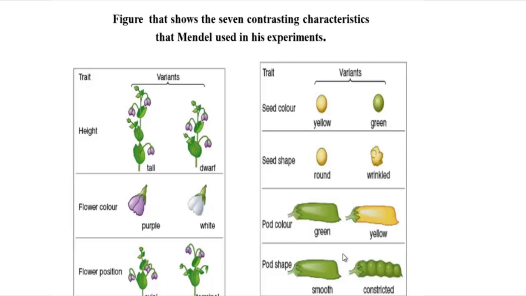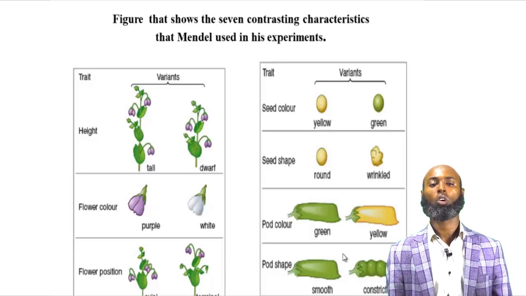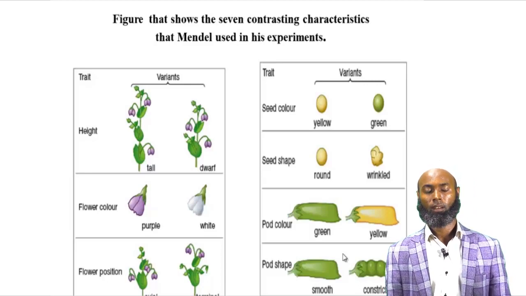He took these 7 characteristics. We will take one example of these 7 characteristics and focus on flower color.